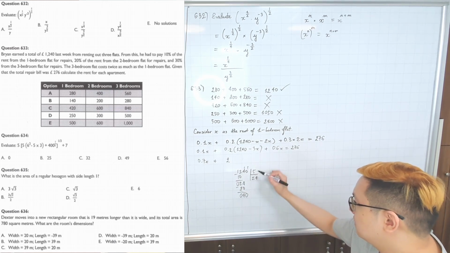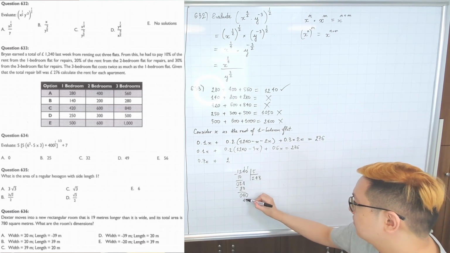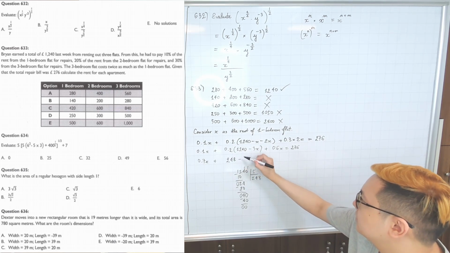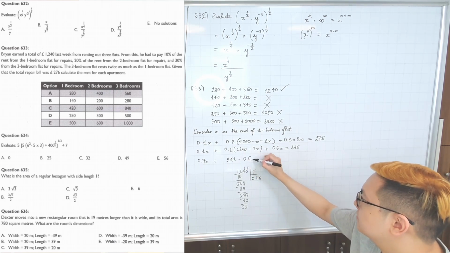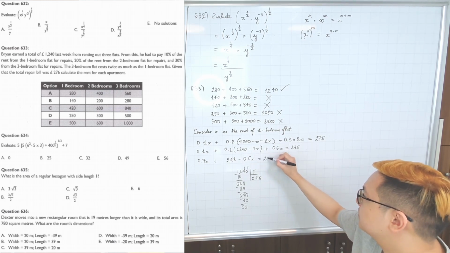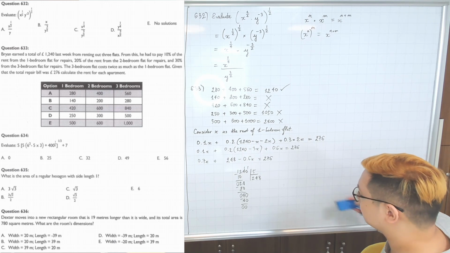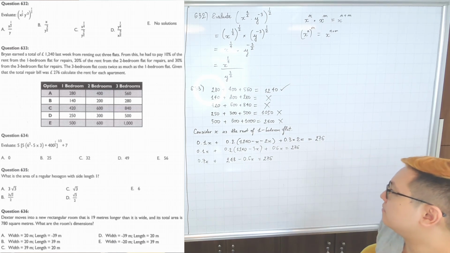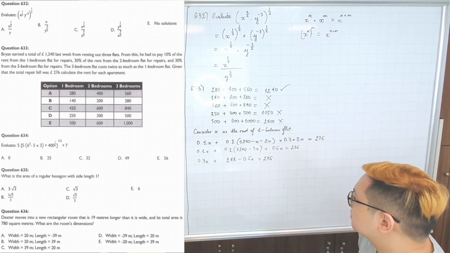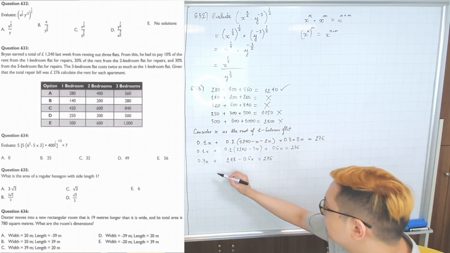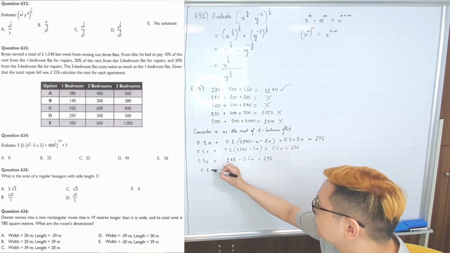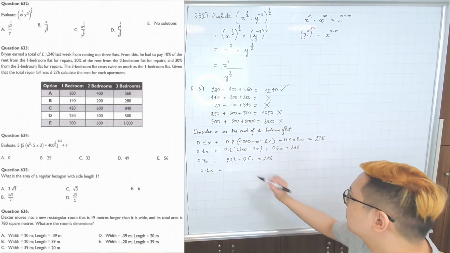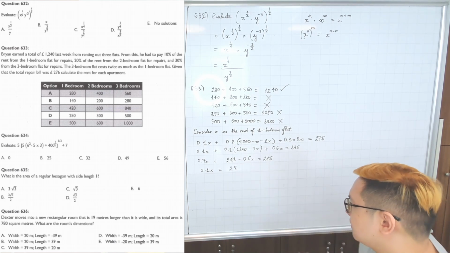So we're going to have 248, and then minus this one, 0.6x, equal to 276. Okay, 0.7 minus 0.6 is going to be 0.1x. This one is going to be 28, right?